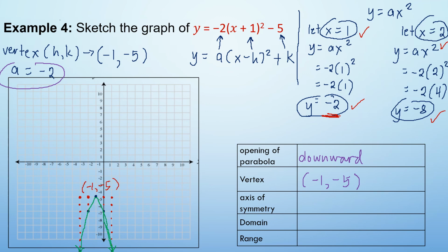The axis of symmetry is x is equal to h, or x is equal to -1. The domain is the set of all real numbers, and the range is the set of all y such that y is less than or equal to the value of k, which is -5.